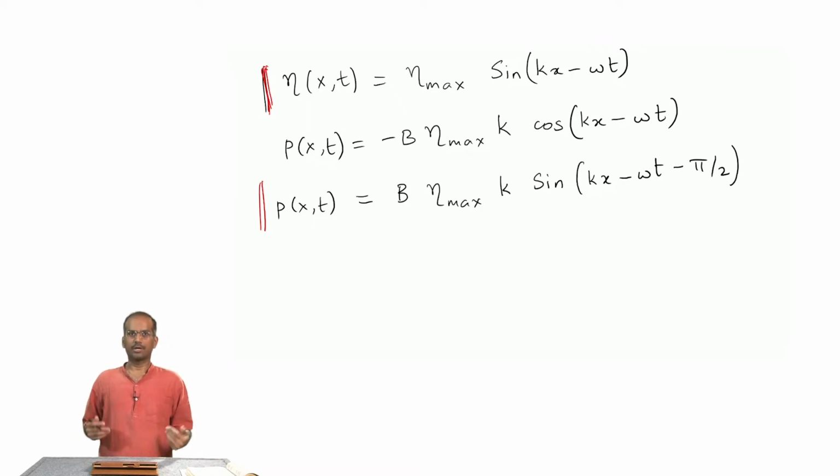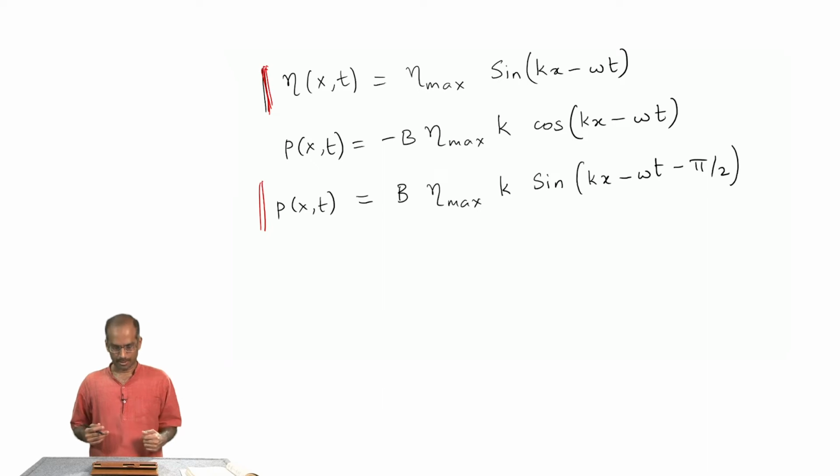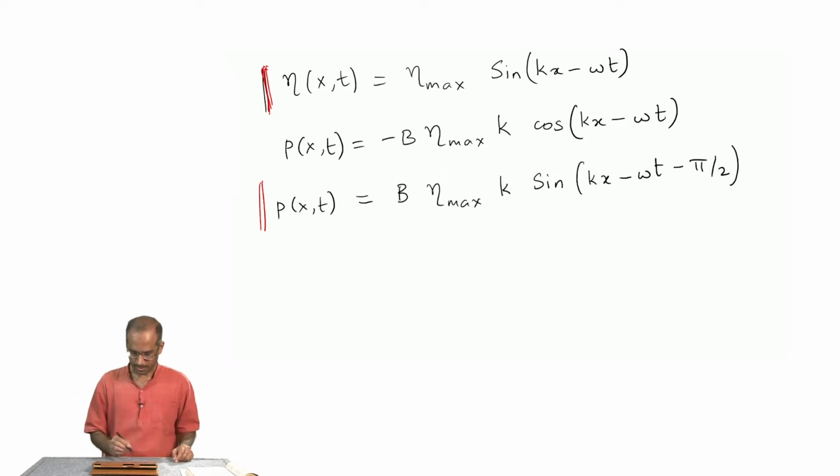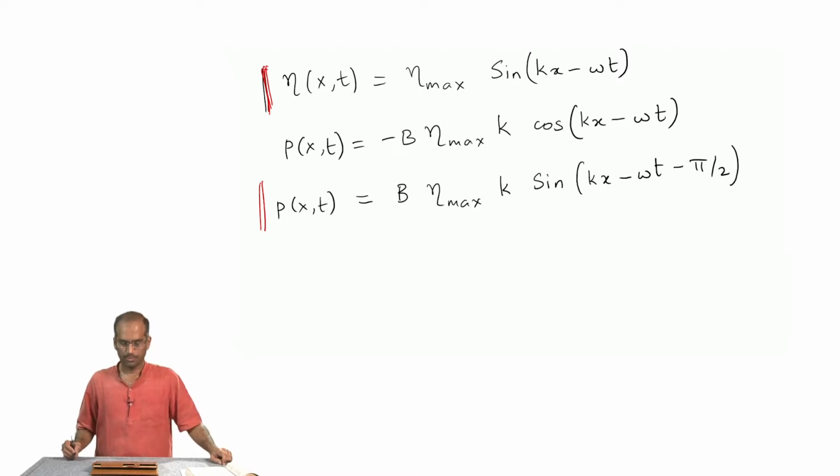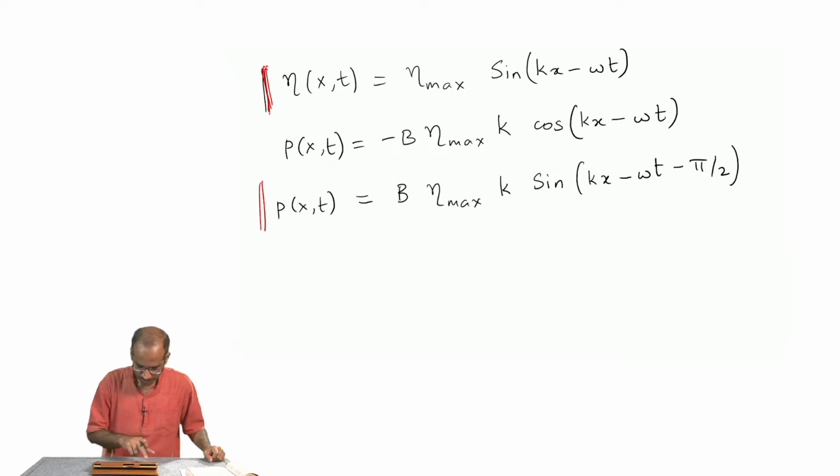The solution can also be written in terms of pressure variations, indicated by P, which is a function of both position x and time t. And note crucially that between displacement and pressure there is always a phase lag of pi by 2.